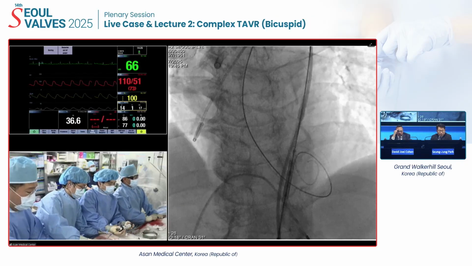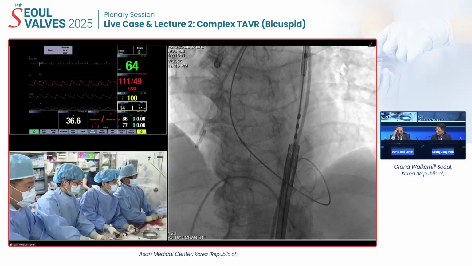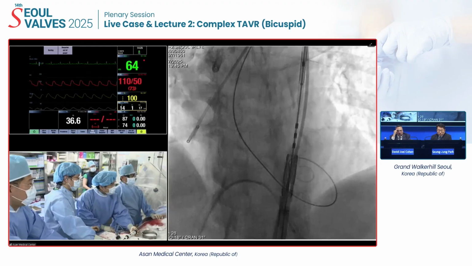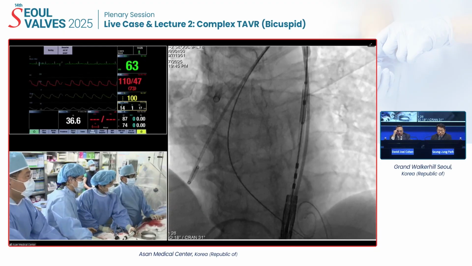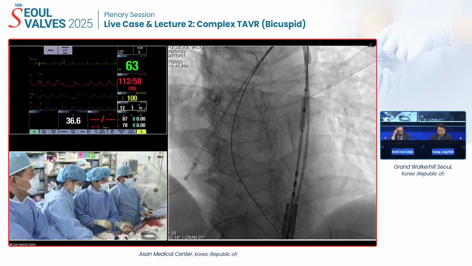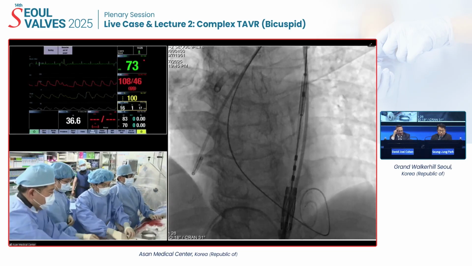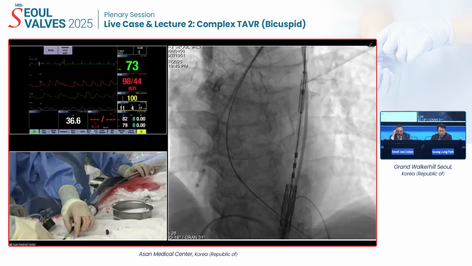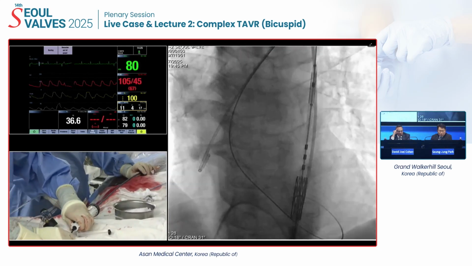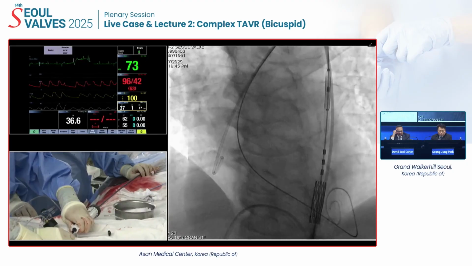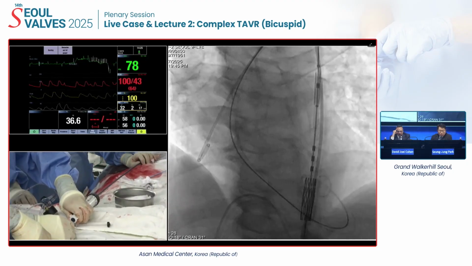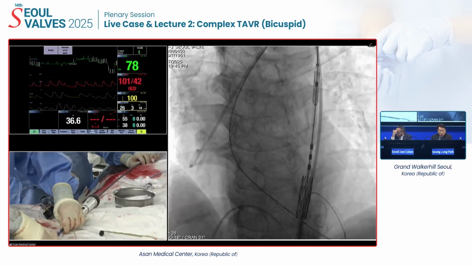I was going to say you're using the cusp overlap view to deploy the balloon expandable valves, but there is no cusp overlap here. You've got two cusps. Did you use the cusp overlap view for the balloon expandable valve implantation? No. Anybody using it?